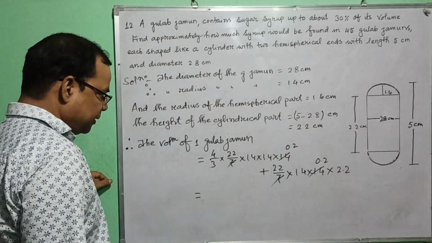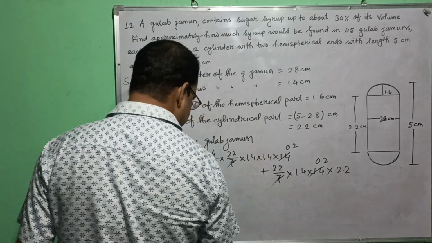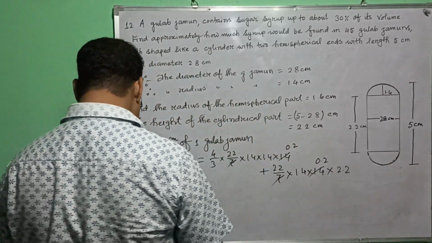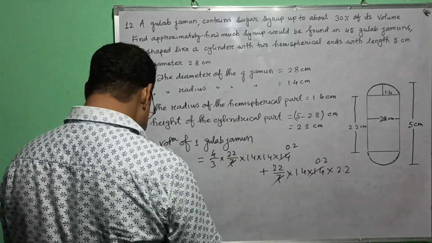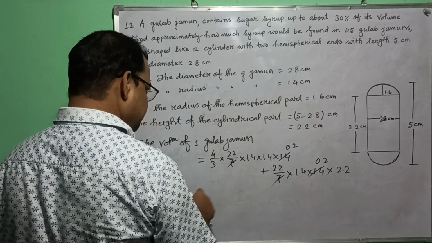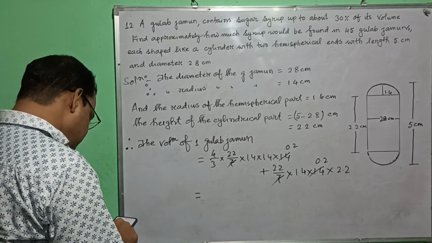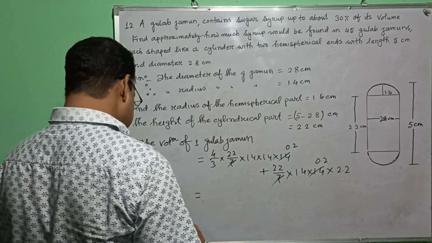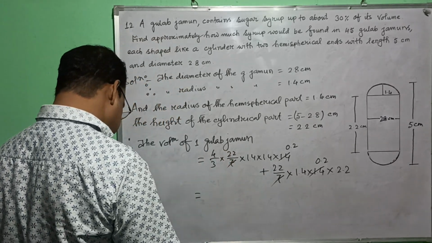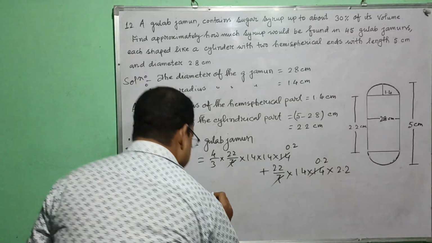So, if we multiply it here it is 88, 14 into 14. I am now multiplying with calculator. You can do it manually. So, here 1.4 into 1.4, then 0.2, so into 0.2, so it gives me 0.392 into 88.